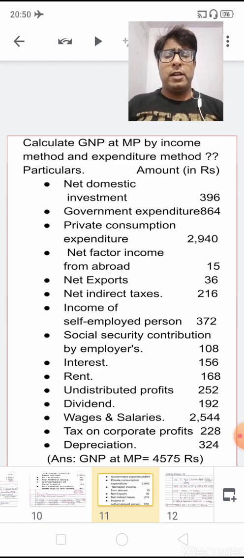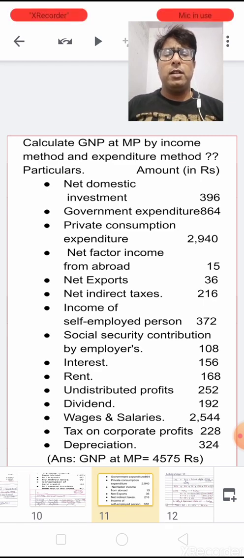Children, now again we are taking this numerical and this time we are solving GNP MP by the income method as well as the expenditure method.